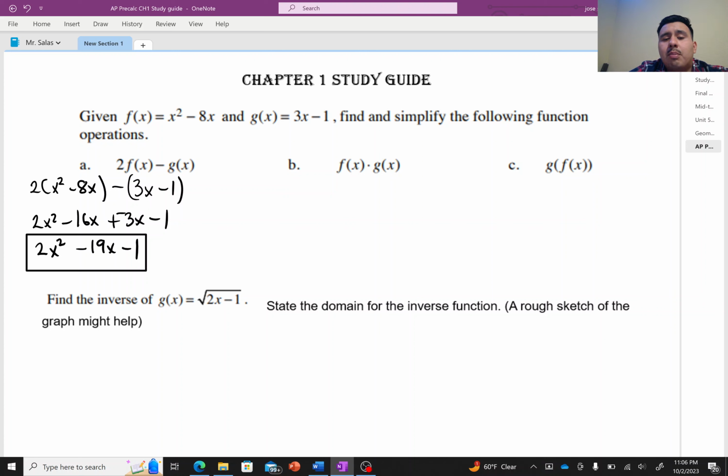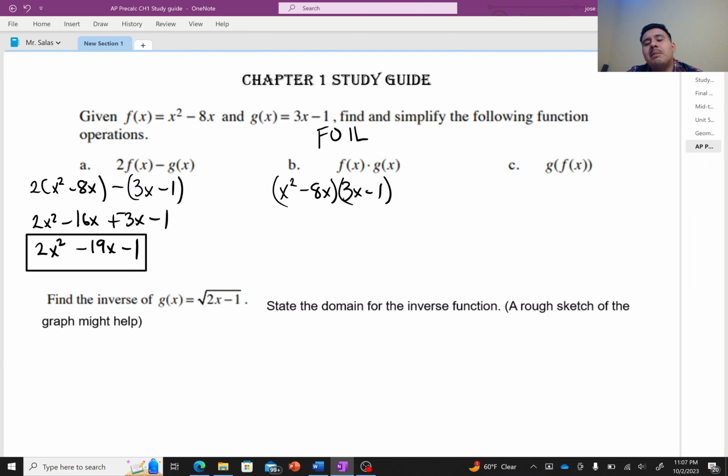Now, part B says f of x times g of x. I'm going to take x squared minus 8x times 3x minus 1. For this, I suggest you do FOIL. In case you don't remember what FOIL is, you should have learned this in Algebra 1 and Algebra 2, and you might have heard it a little bit at the end of geometry.